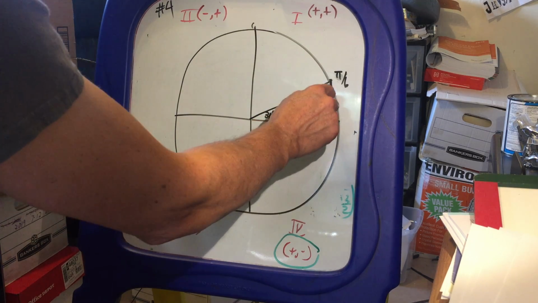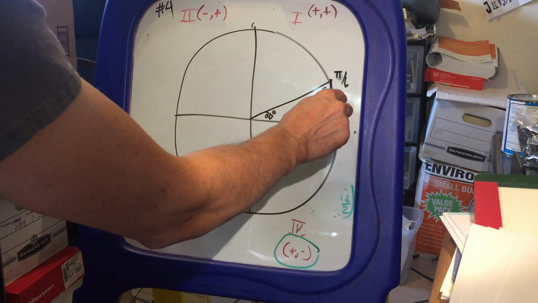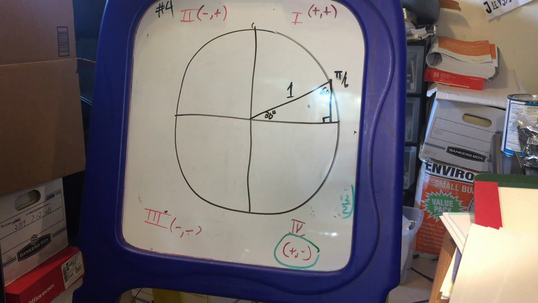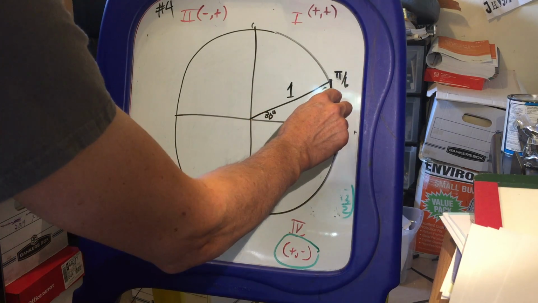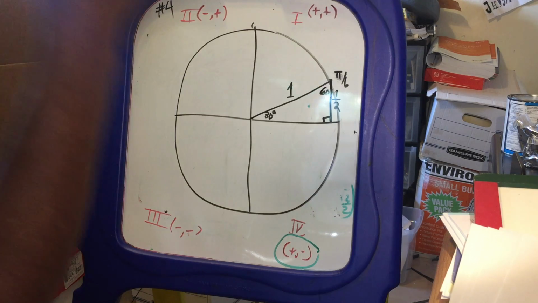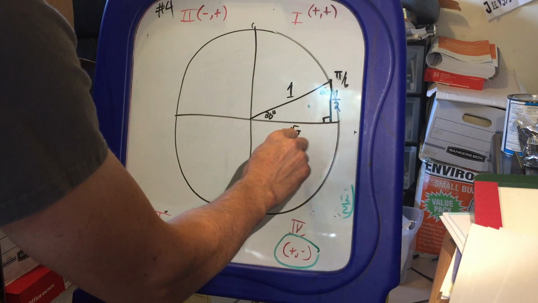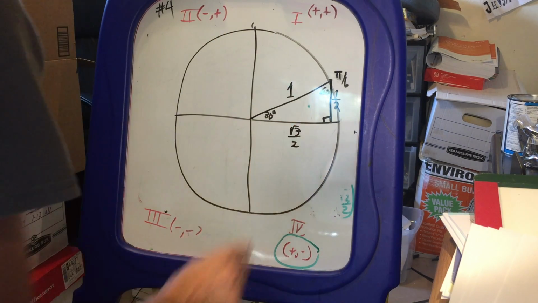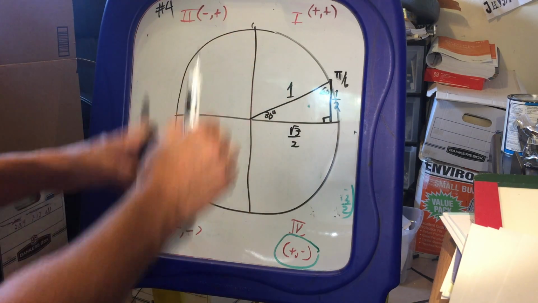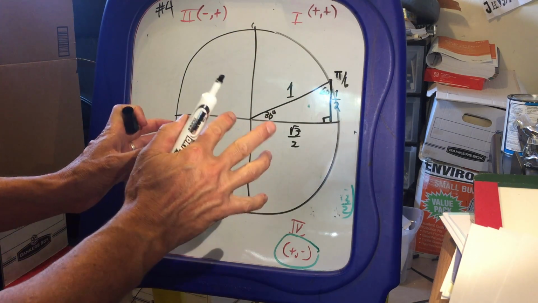We said 30, 60, 90 has, this side is 1, again, still we're in a unit circle, so that's a 1. Across from the 30 is a half. Check your previous video again. This is root 3 over 2. Those are the side lengths of a 30, 60, 90 triangle drawn inside of this circle.